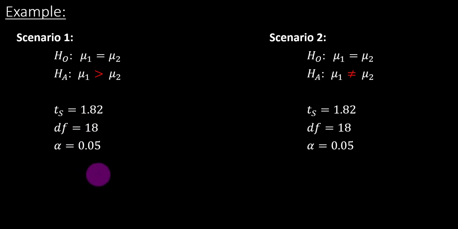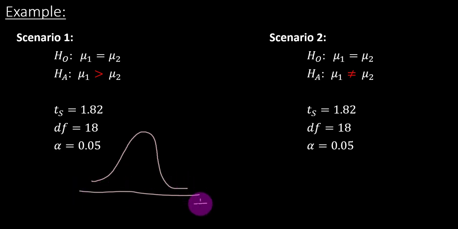In scenario 1 here, if this is a t-test, this is a t distribution with 18 degrees of freedom, the test statistic was 1.82. The p-value, because this is a right-tailed test, would be the area to the right.